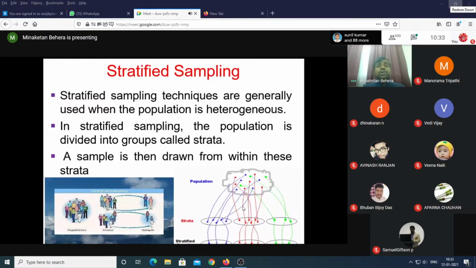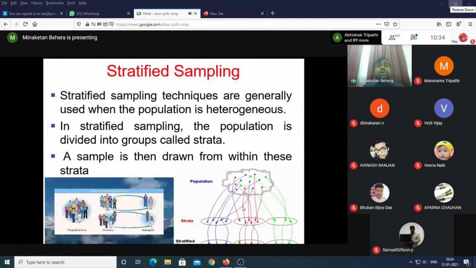That means from each strata, from each group, you are selecting the sample with respect to their population. Keep in mind that we call this proportionate. Another one is non-proportionate, which I am not going into. This is stratified random sampling, and in most cases you will use this method.